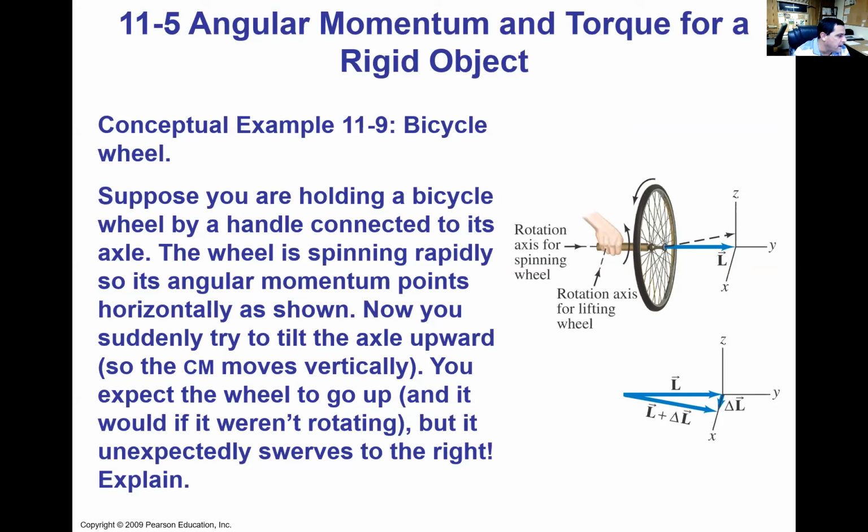So if you remember right-hand rule, it requires that the torque points to the right, which if you create that upward force, you're forcing that rightways movement. So even though you try and lift it up, it's going to swerve to the right, and that has to do with the angular momentum vector and right-hand rule.